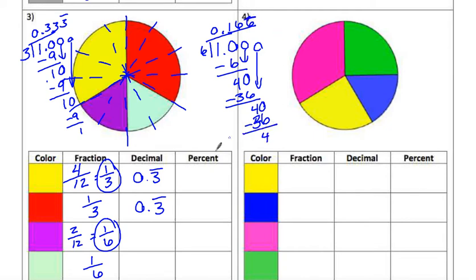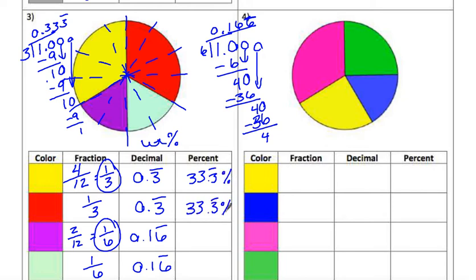So it's repeating 6, so 0.16 repeating, and the same thing for the one below because they're the same. And if I turn it to a percent, move 2 over to the percent sign, so this becomes 33.3 repeating percent. This same thing. And then this one's going to be 16.6 repeating percent, and the same thing for the last one.